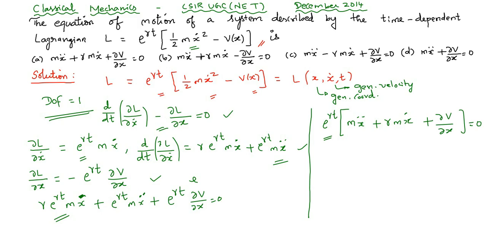Therefore, this is not 0, and the remaining term has to vanish to satisfy this equation. So m x double dot plus gamma m x dot plus partial V by partial x is equal to 0. Therefore, the answer for this problem is A.